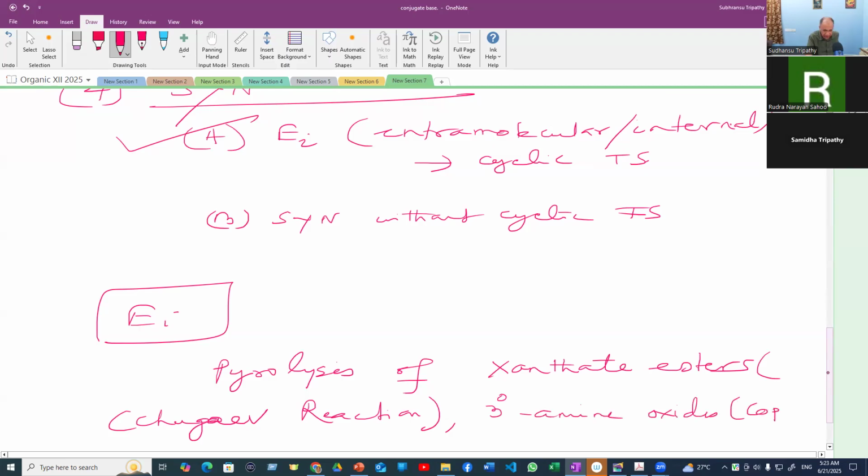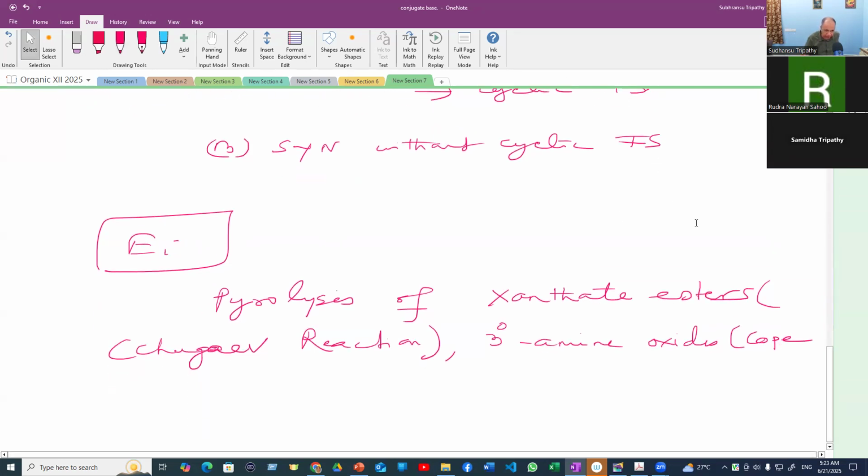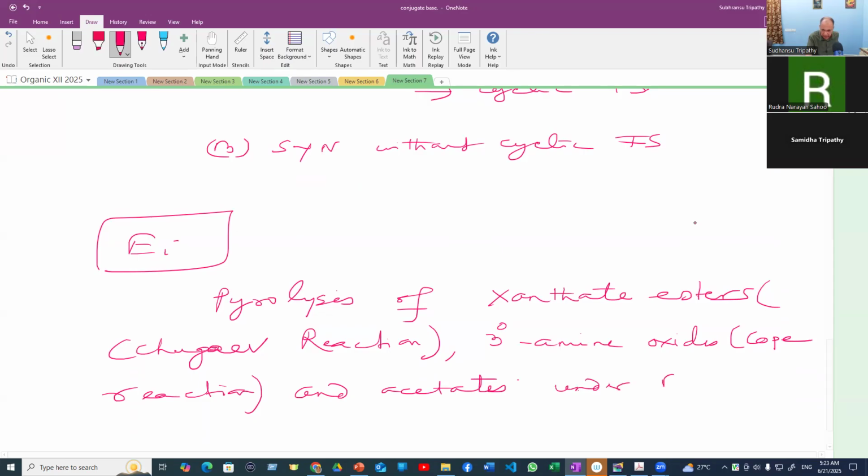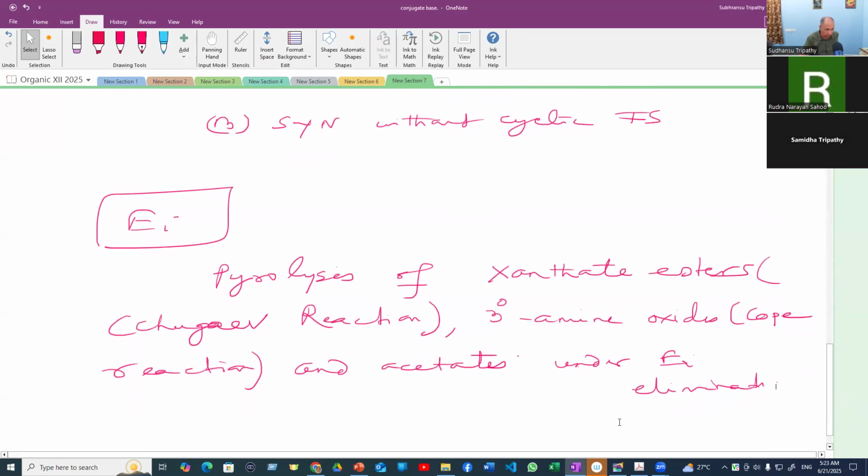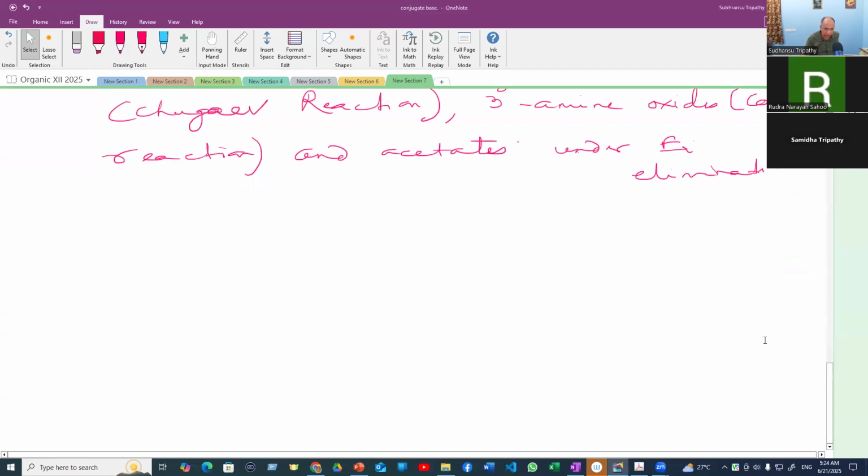This is called the Cope reaction. The Chugaev reaction, Cope reaction, and acetates undergo Ei elimination. Now let me directly tell you what happens. I will tell you first the Chugaev.